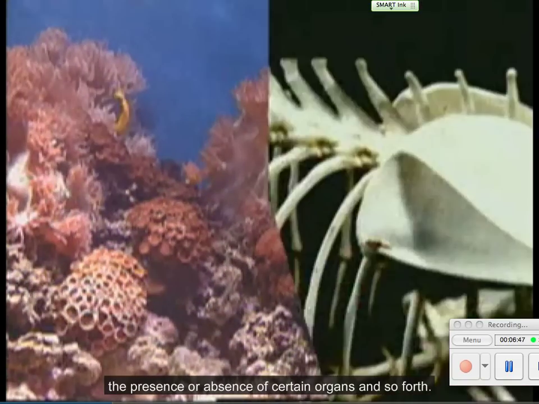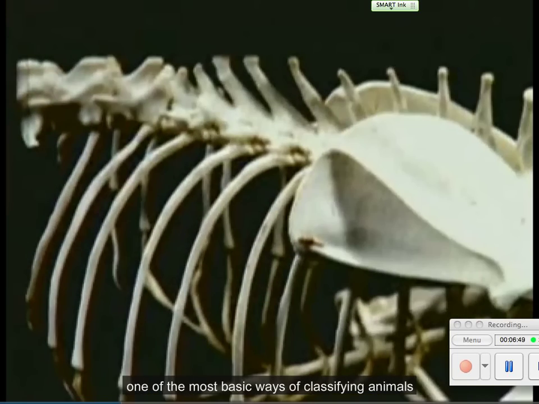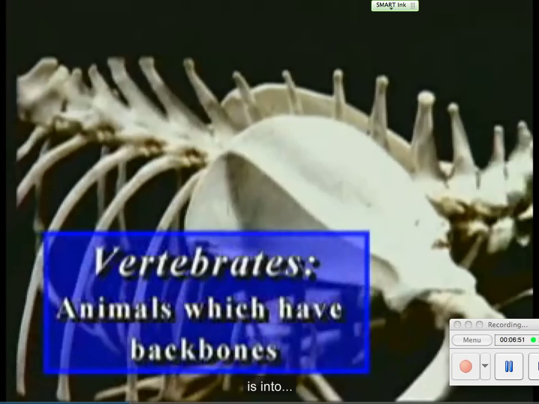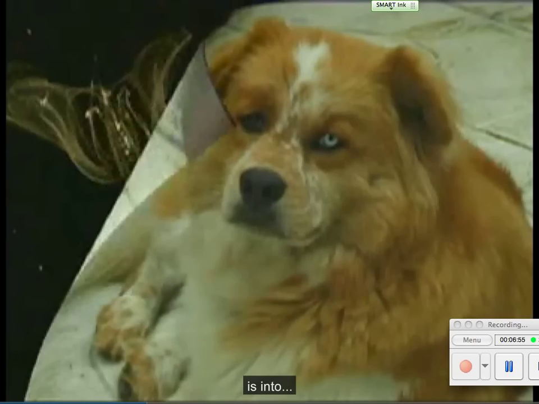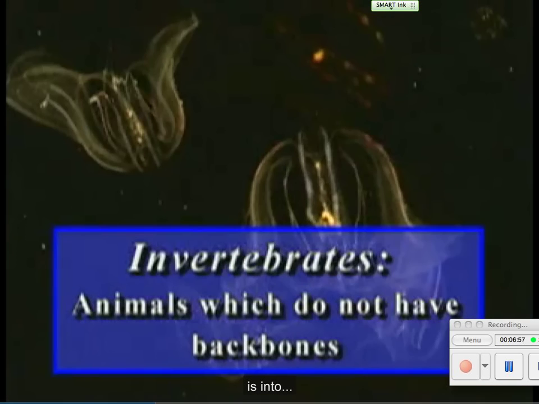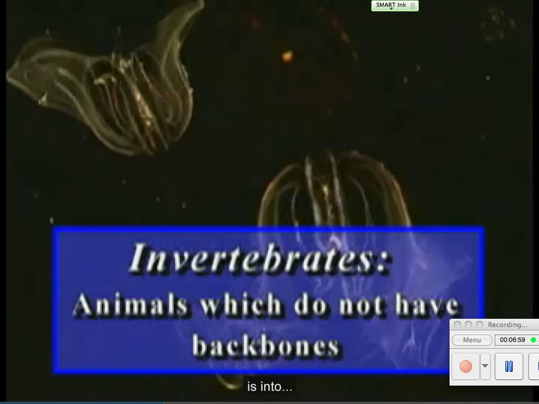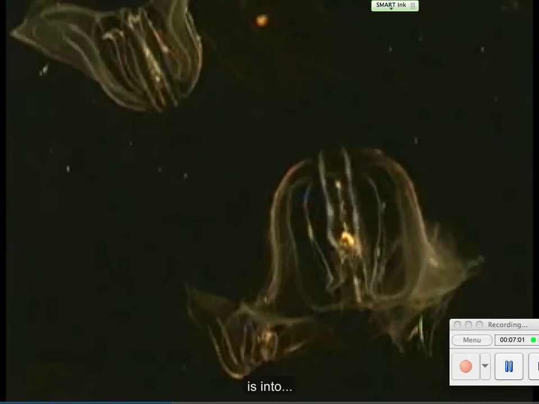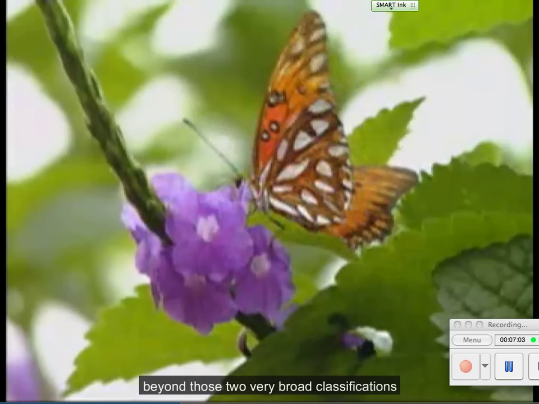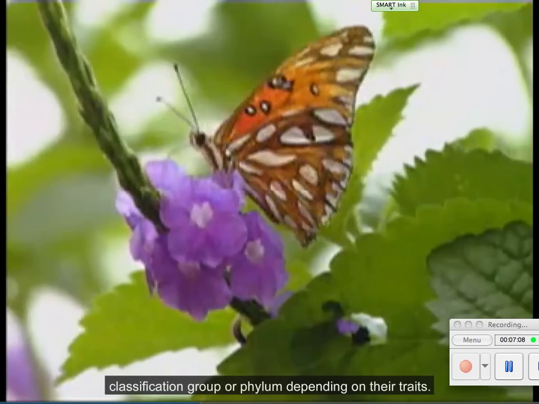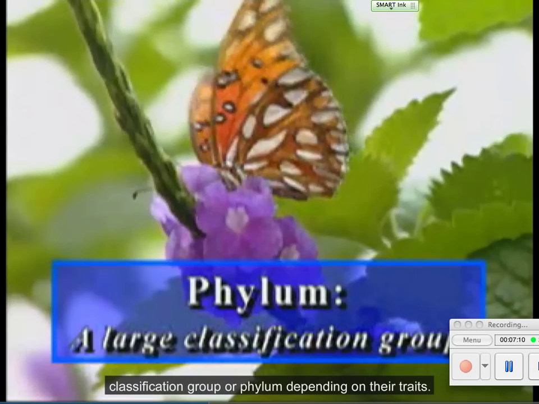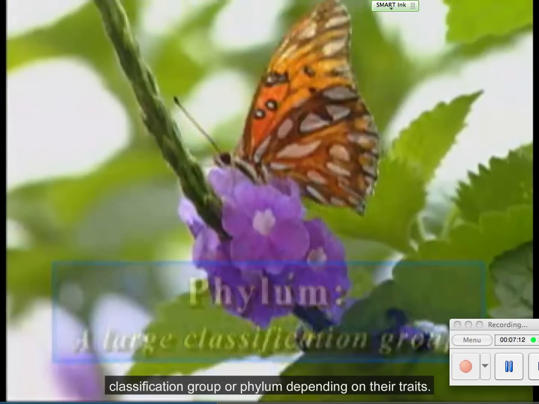One of the most basic ways of classifying animals is into vertebrates, animals which have backbones, and invertebrates, animals which do not have backbones. Beyond those two very broad classifications, animals are classified into a particular large classification group, or phylum, depending on their traits.